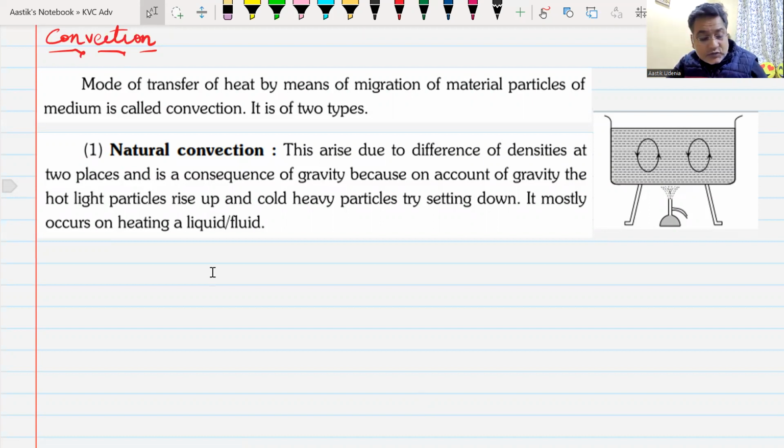So there is an actual transfer of material medium here. Yes or no? This type of mode of heat transfer where heat is transferred by actual movement of material is known as convection.